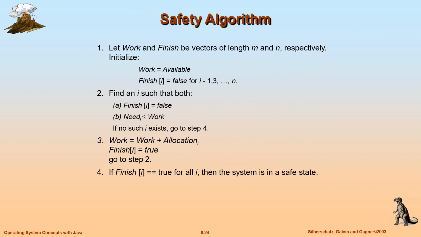This is the safety algorithm. Let Work and Finish be vectors of length m and n respectively. Work equals Available, and Finish[i] equals false for i equals 1, 2, 3, ..., n. Step 2: find an i such that both Finish[i] equals false and Need[i] is less than or equal to Work.